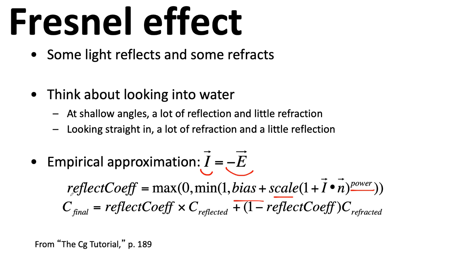But the net effect is that you get a reflection coefficient that's between 0 and 1 that you use to interpolate between the reflected and refracted colors. And this formula is set up so that if the incident vector and the normal vector are lined up, so you're looking at a surface square on, you get strictly the refracted light. But as you move away from that, you're seeing more and more of the reflected light.